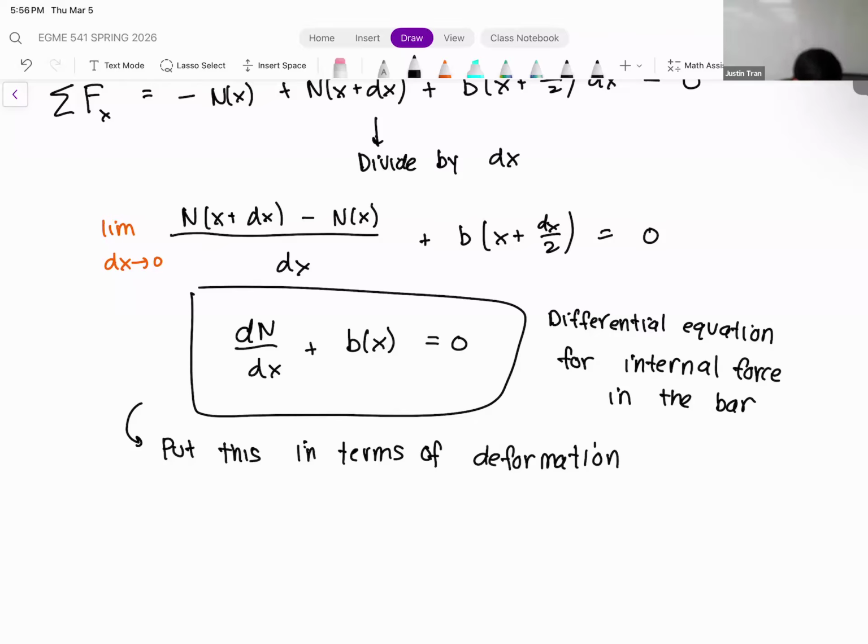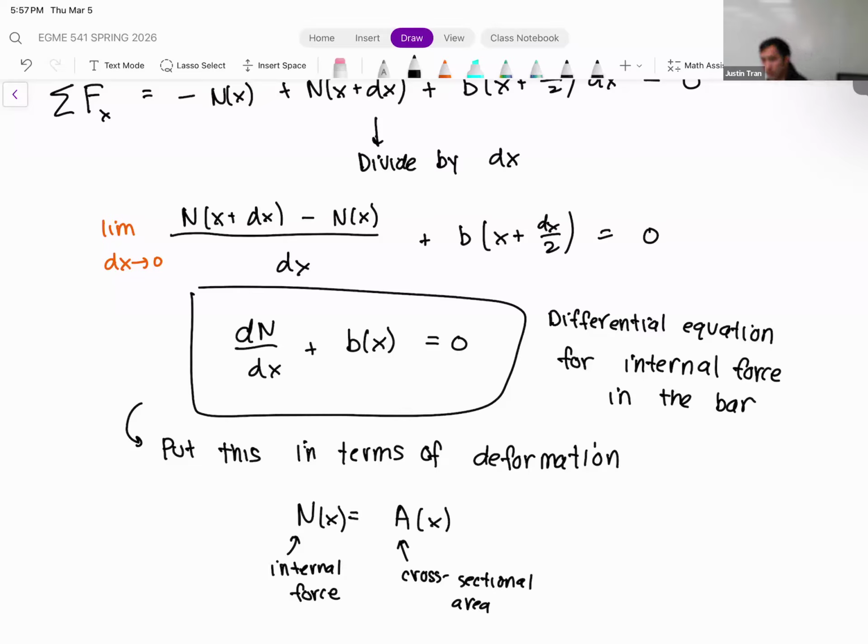So first one that we will plug in is we can say that the internal force at any given point within the rod is equal to the product of the area, where this area here is the cross-sectional area, which we know is a function of x, right? So that was one of our definitions.